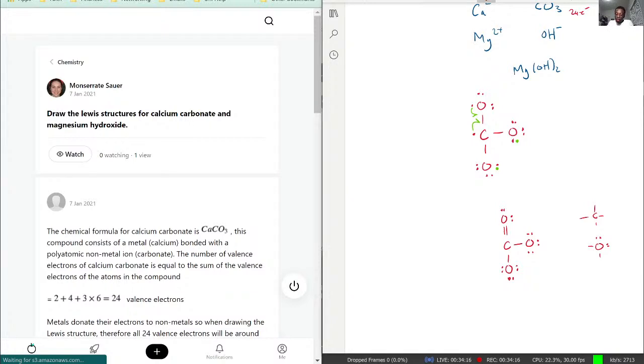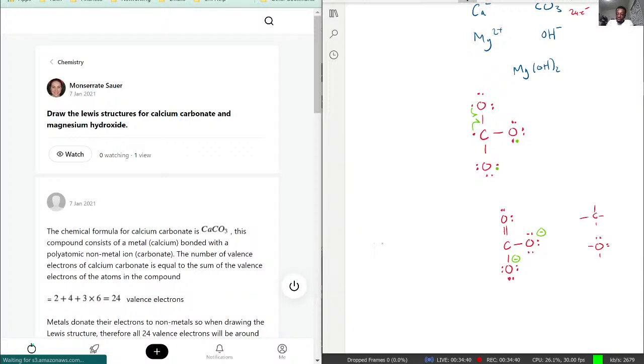When you replace a bond with a lone pair, you go 1 negative, so it would be a minus and a minus. And coincidentally, there you have it. This is how carbonate CO3 gets its 2 minus. This would be the non-metal side.